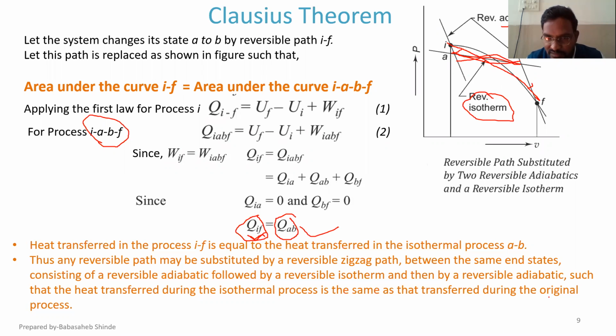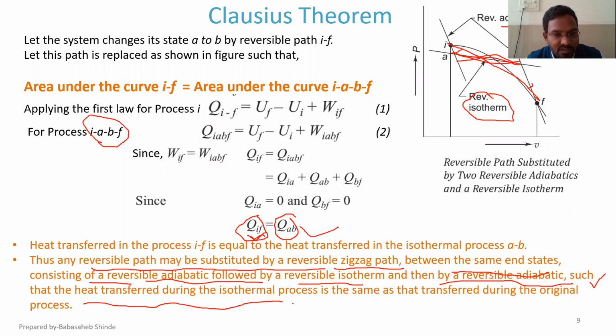Okay, so we can say that any reversible path may be substituted by a reversible zigzag path between the same end states like IF, consisting of a reversible adiabatic followed by a reversible isotherm and then followed by a reversible adiabatic, such that the heat transfer during the isothermal process, just like QAB, must be the same as the heat transfer during the original process.